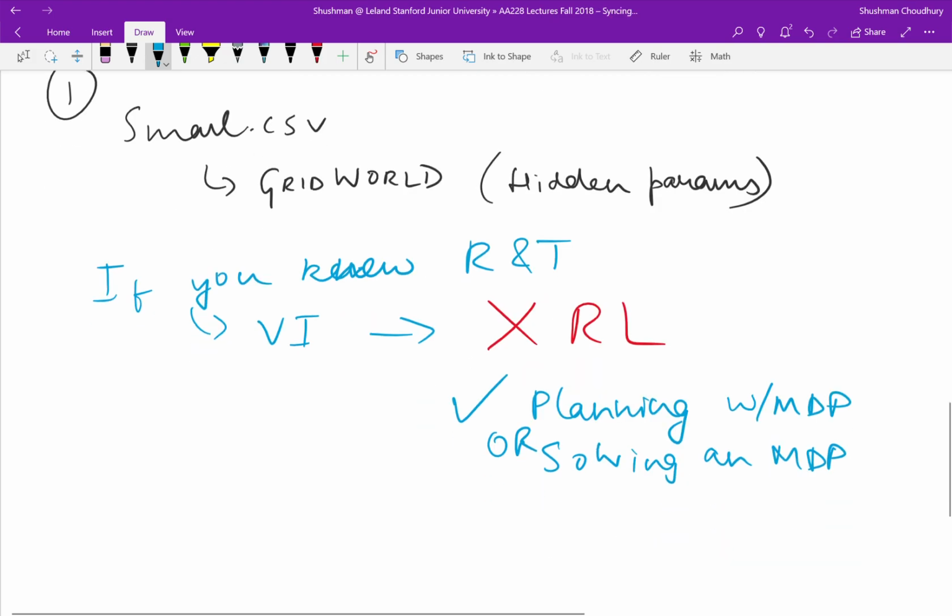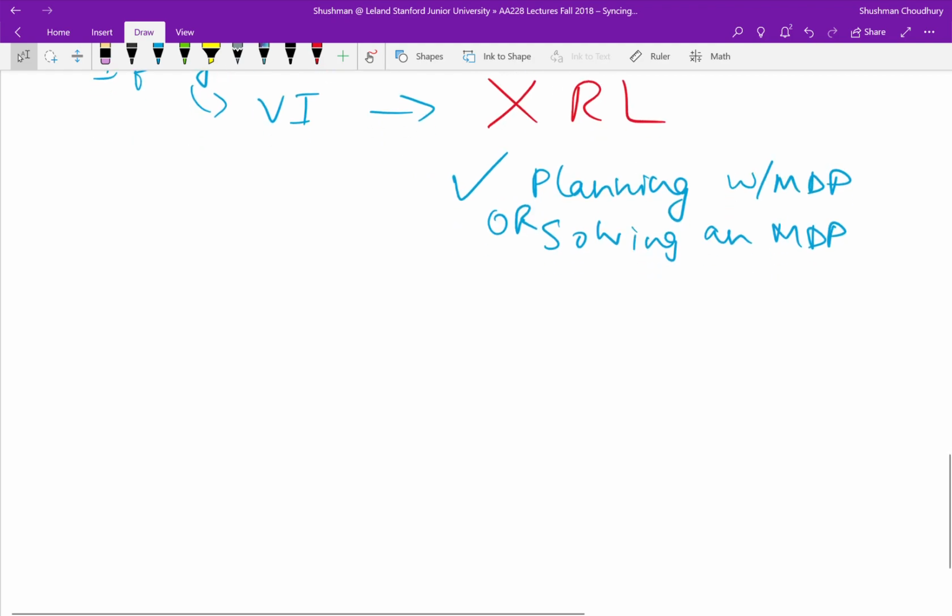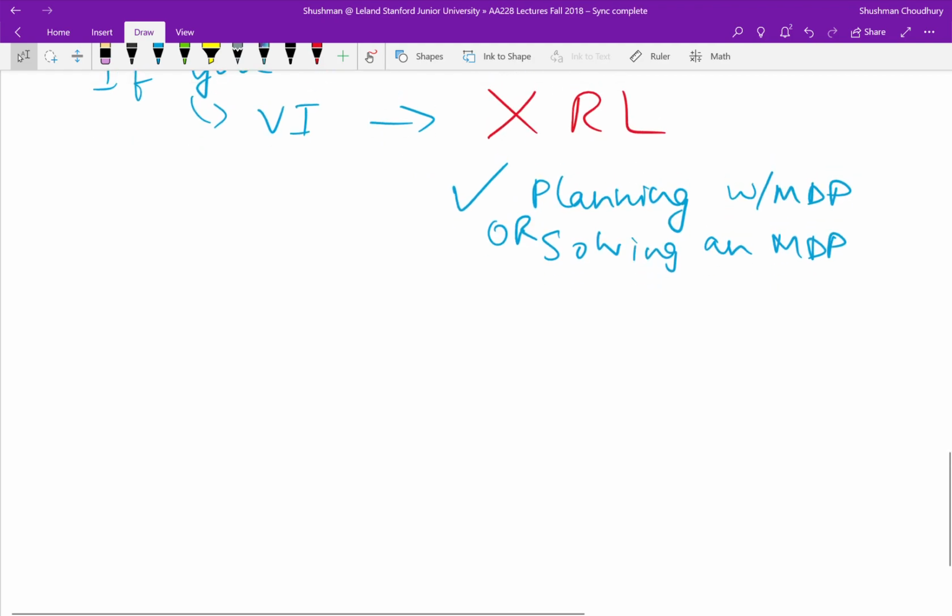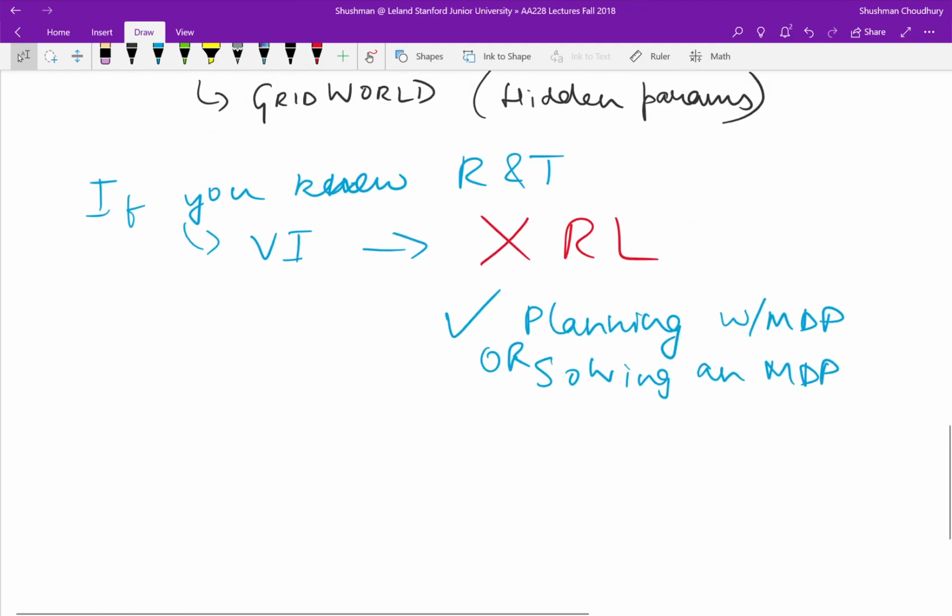I just want to make this clear from the outset, because a lot of even contemporary papers will often conflate these two terms, reinforcement learning and planning. Michael goes over a little about this in, I think, chapter 1 or the preamble of DMU, where he talks about the difference between these things.